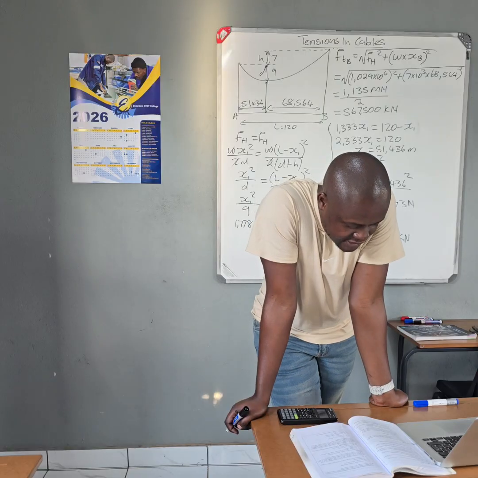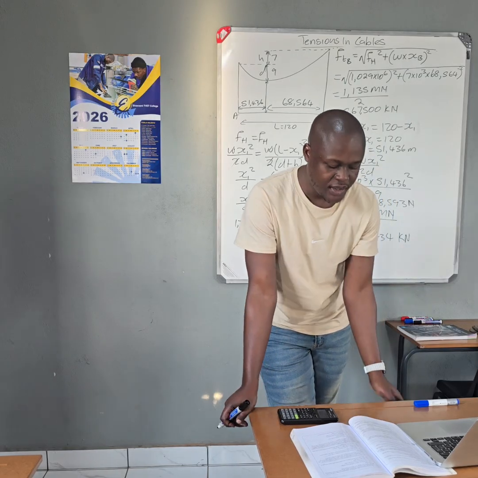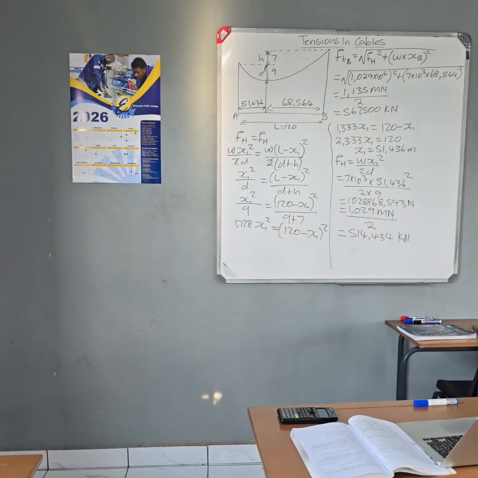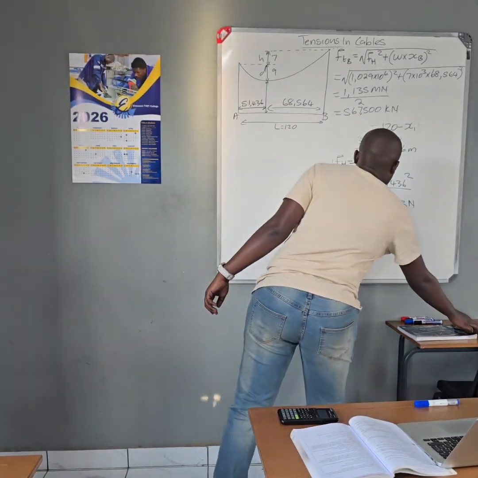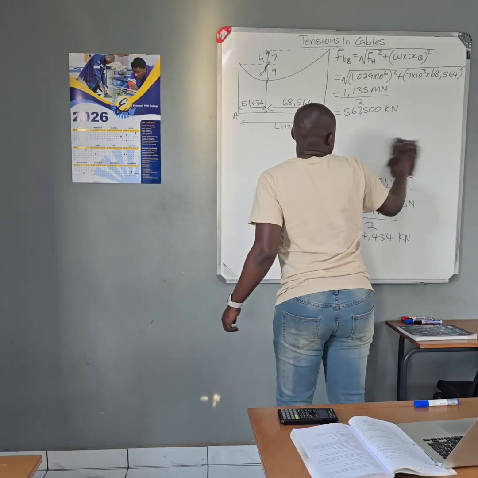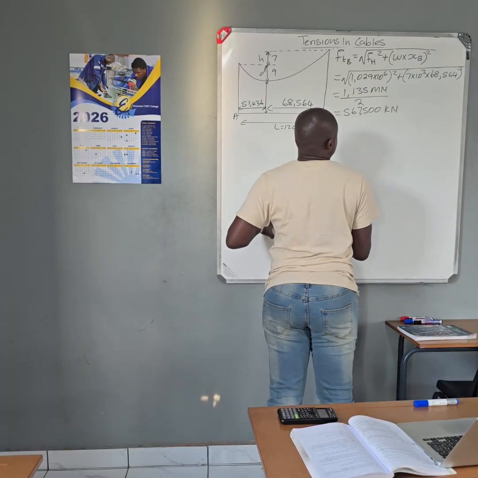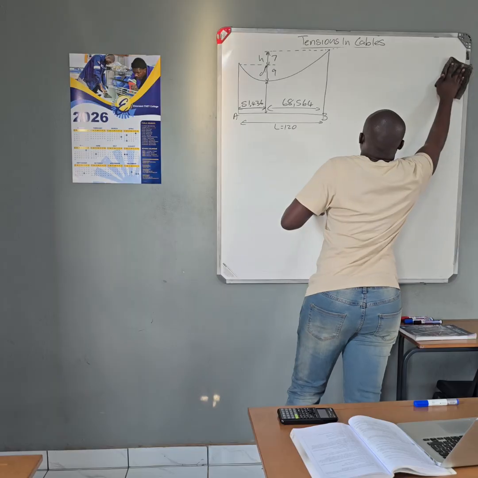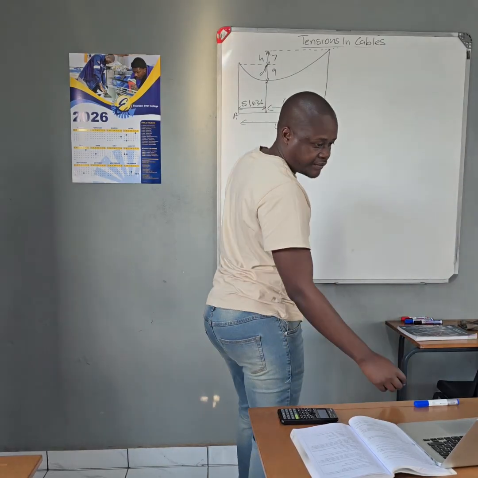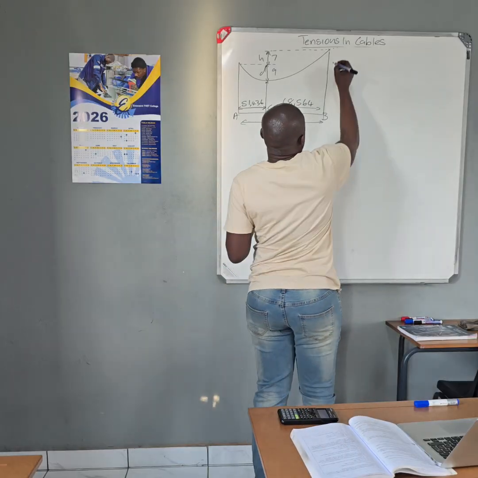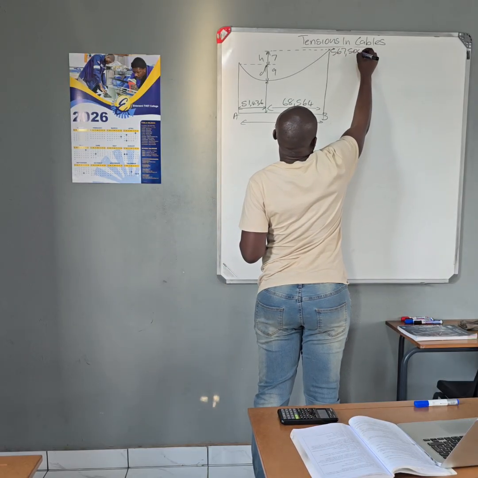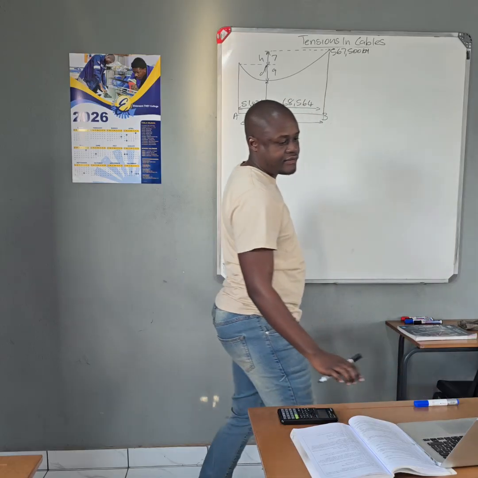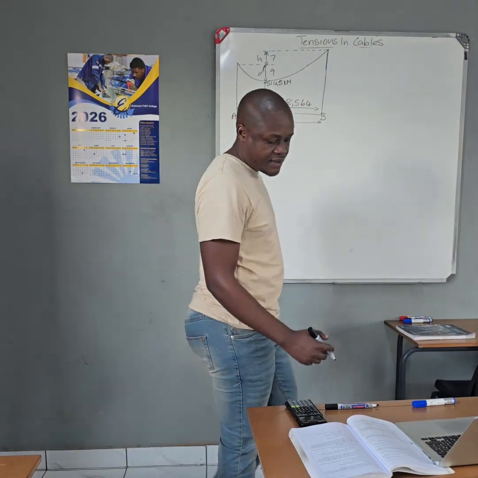2.2 says the distance from the longest support where the tension in the cable is 550 kilonewtons. So now let's continue with number 2.